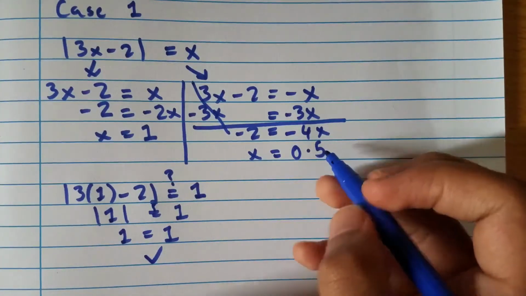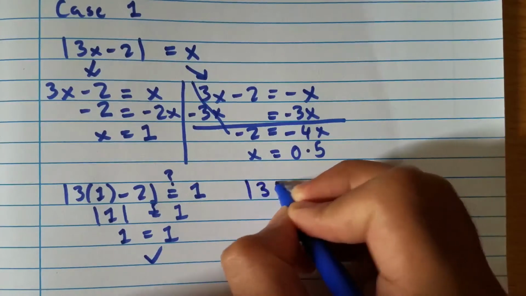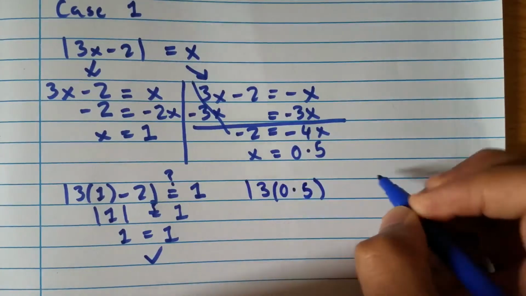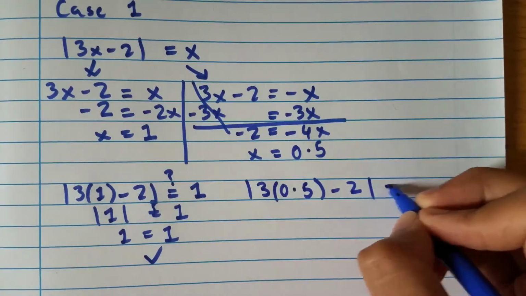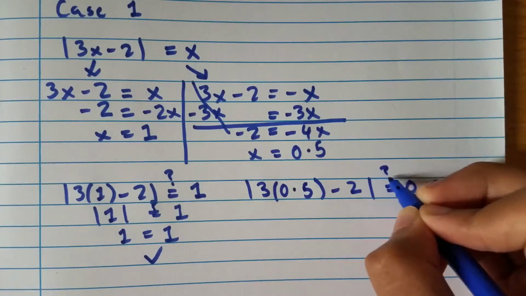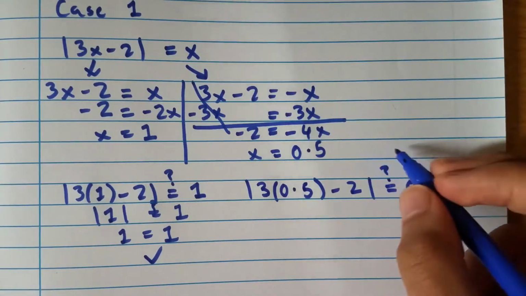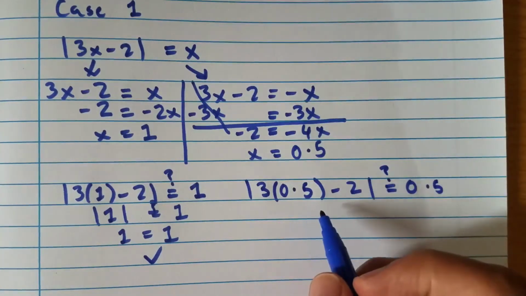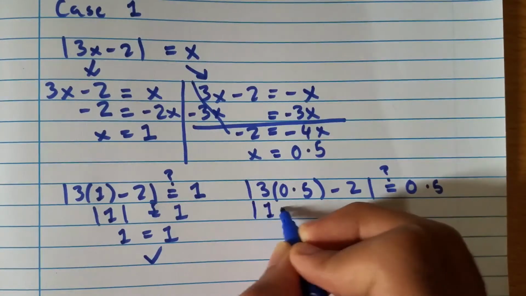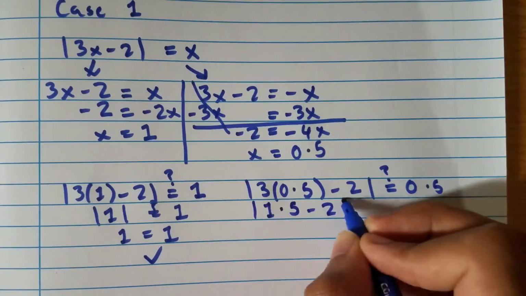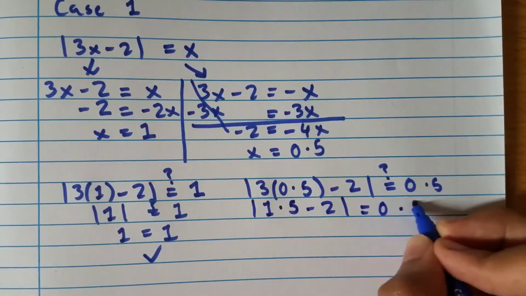Let's look at 0.5. So if we plug in 0.5 into the absolute value equation, we get that the absolute value of 3 times 0.5 minus 2 equals 0.5. And we don't know if this is correct yet, so we place a question mark. So 3 times 0.5 is 1.5, and then minus 2.